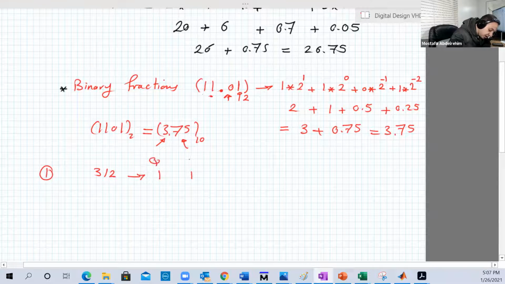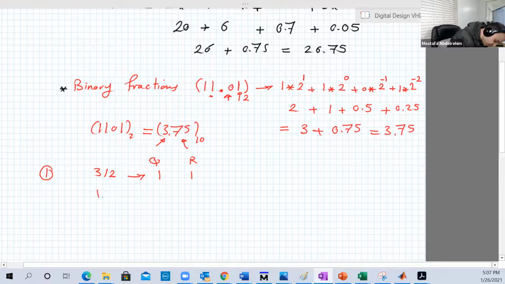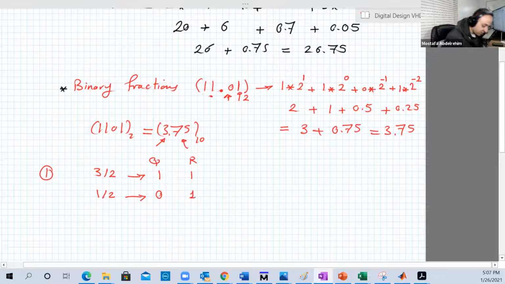We said that we stop when we reach 1, so we have reached 1 here. So 1 divided by 2, the quotient is 0, and the remainder is 1. So 3, the first part, is converted to 11. This is decimal here, and this is binary.